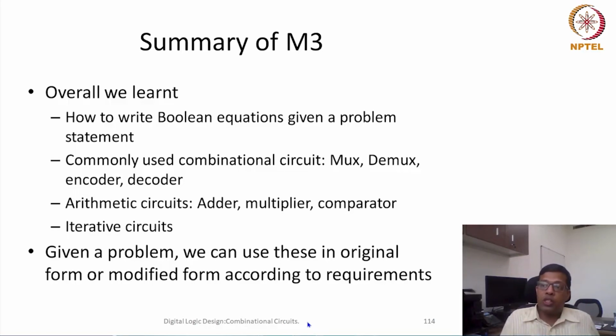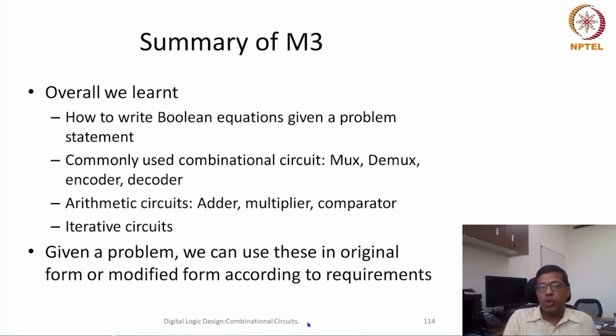Now the question with which we started this module was how to write Boolean equations given a problem statement. During this whole module, the last 8 lectures, we have seen different scenarios, different cases, and in most of them we have focused on how to give these Boolean equations, how to give input specification.